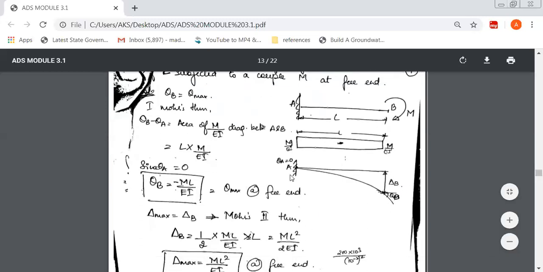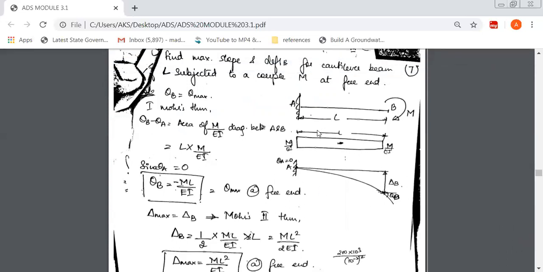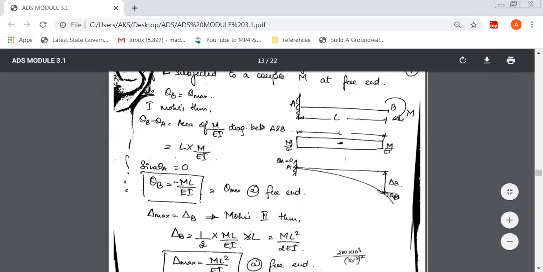Now, as usual, after drawing the deflected shape of the beam, draw the M over EI diagram. Now see here, on the right side, clockwise is negative. So draw a straight line. The moment is acting at B. The same moment is carried forward to A. So it's a 0 line.